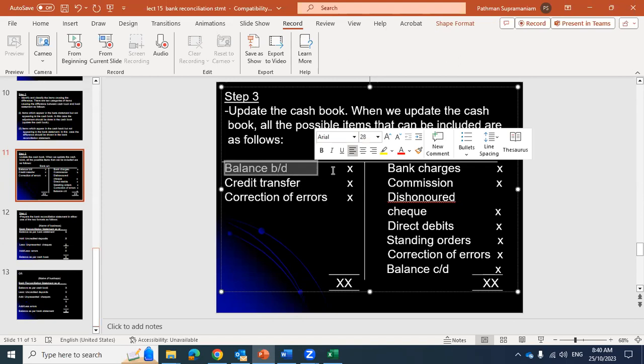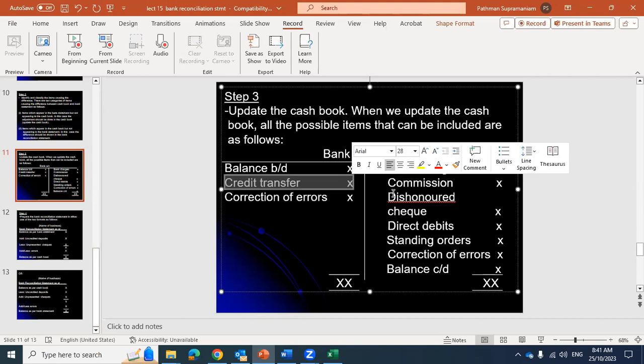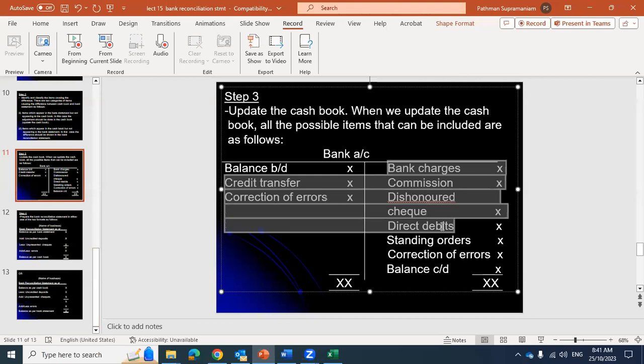The balance brought down may sometimes appear on the credit side. Then if there's a credit transfer, we need to record it on the debit side, because the money has already been recorded on the credit column of the bank statement, but not recorded on the debit side yet. So these are all the possible items.